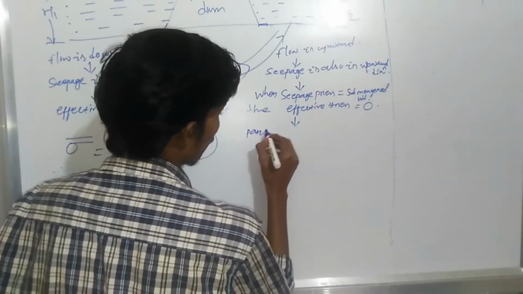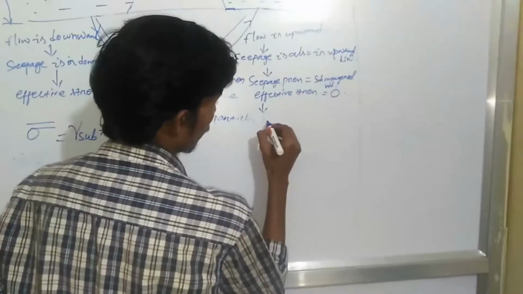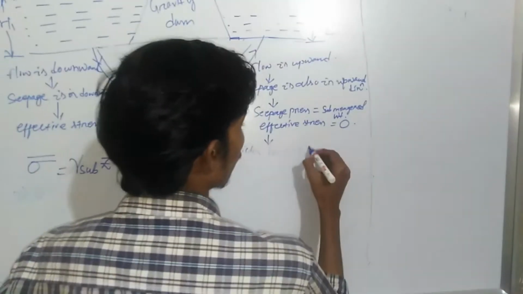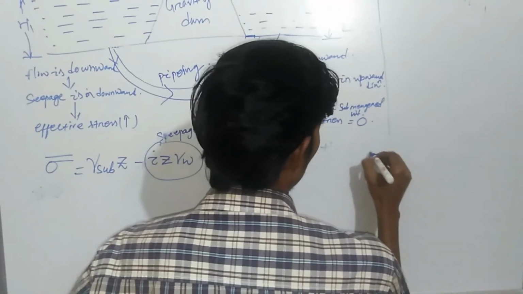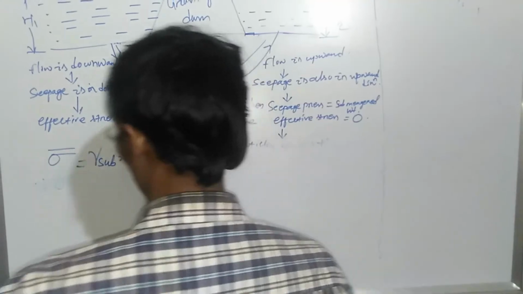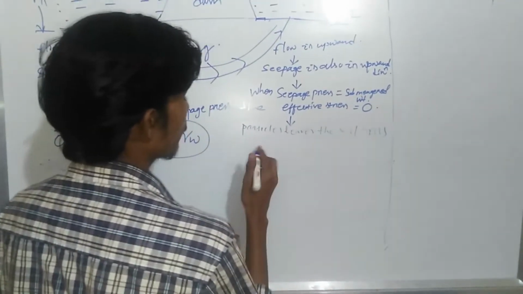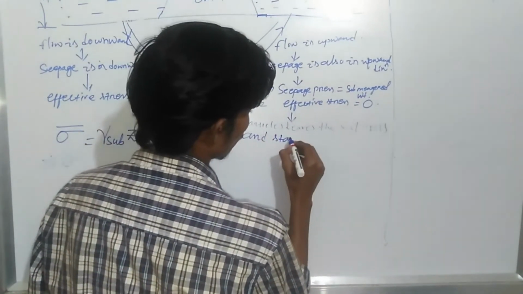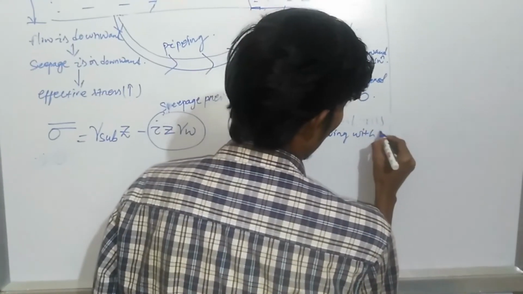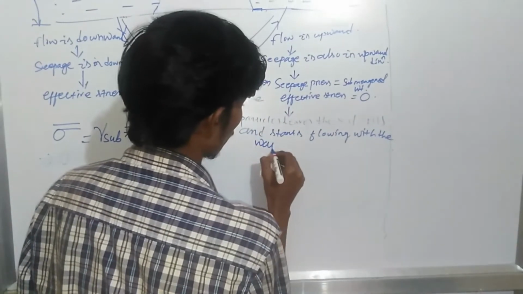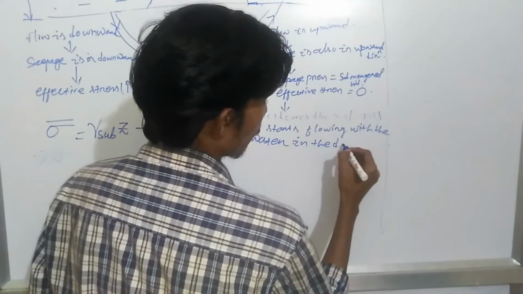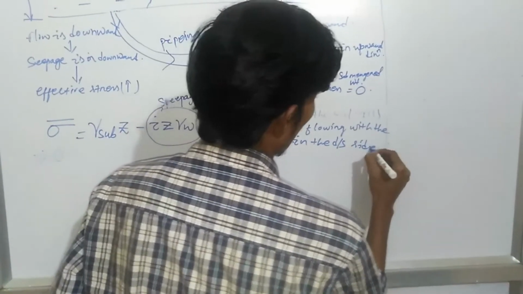Particles leave the soil mass and start flowing with the water on the downstream side of the gravity dam.